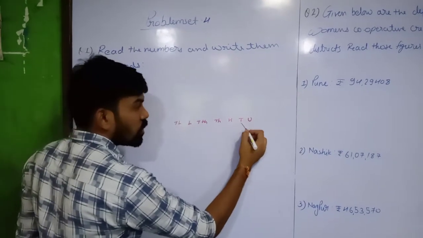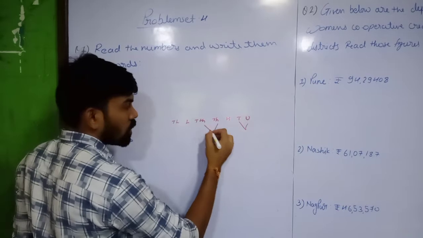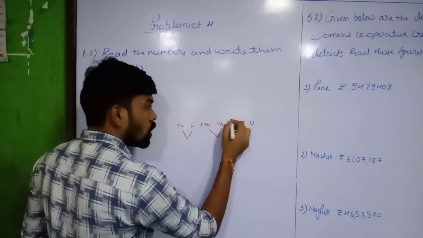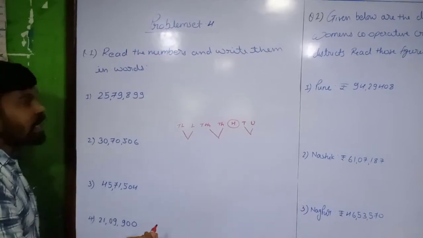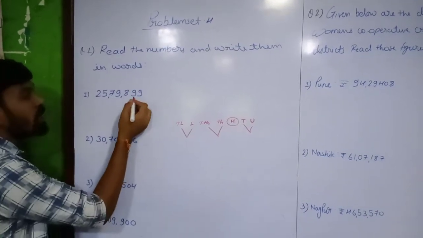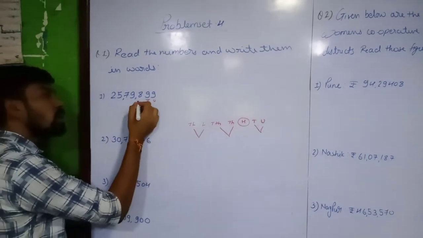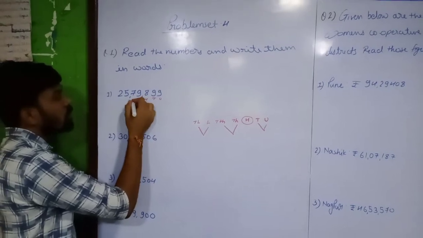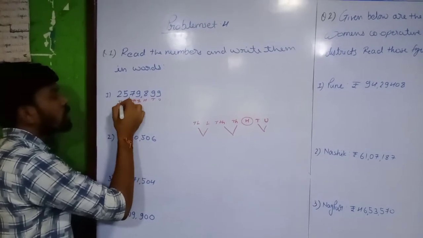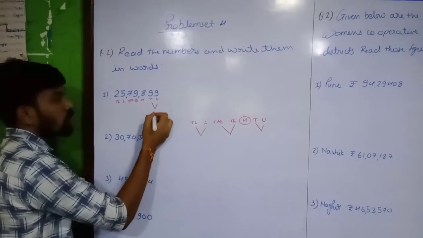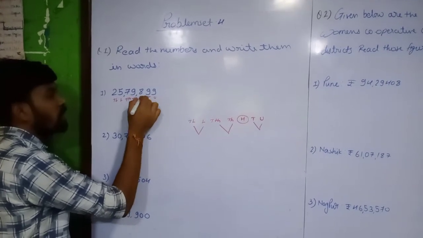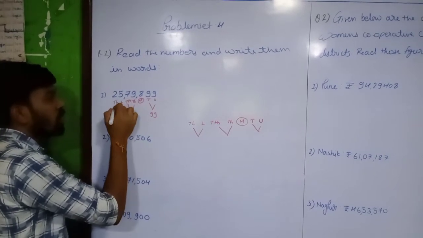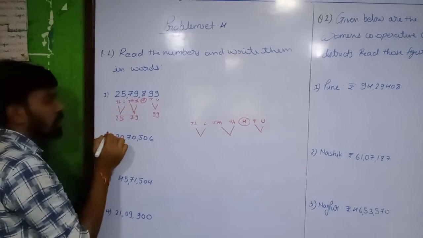As we learned, unit and tens come together, 1000 and 10,000 come together, and lakhs and 10 lakhs come together. Only the digit at the 100 place we have to read individually. So unit, tens, 100, 1000, 10,000, lakh, 10 lakh. The unit and tens together become 99, 100 individual, 1000 and 10,000 become 79, lakh and 10 lakh become 25.